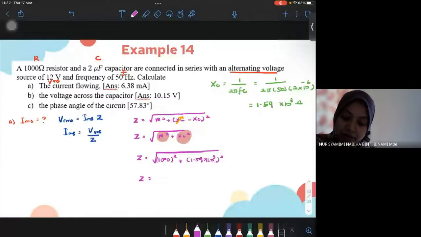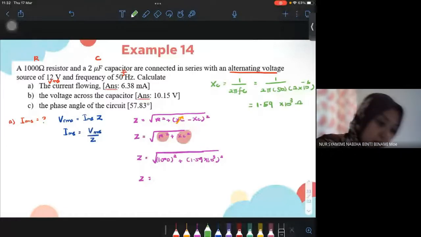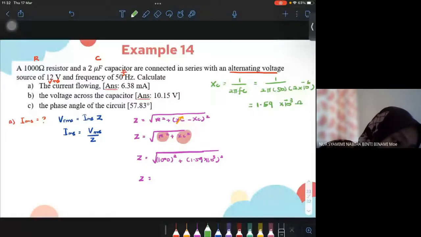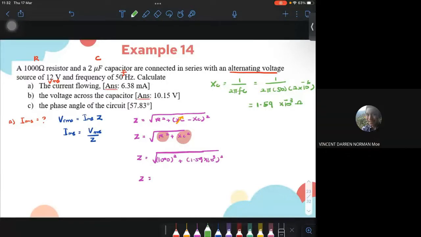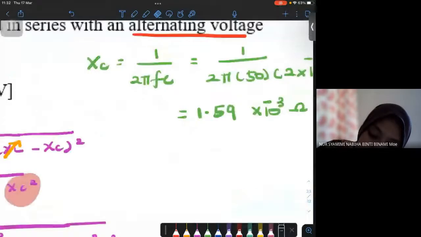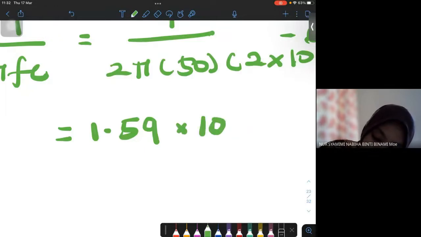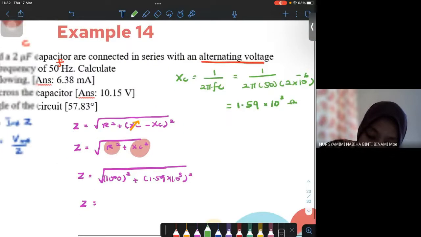Sorry, exponent 3. Sebab 1,000 tadi kan? Okay, tak ada masalah. Okay, alright. So, kira apakah nilai Z?